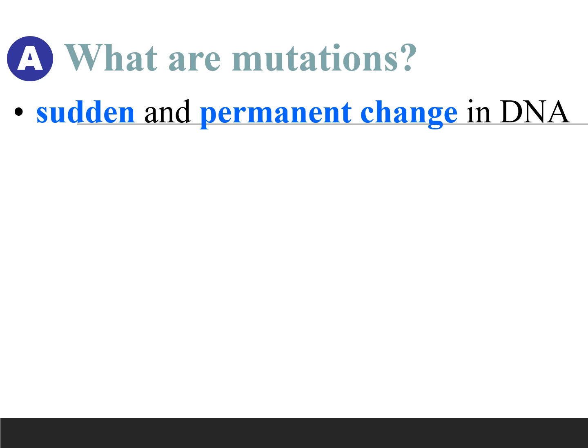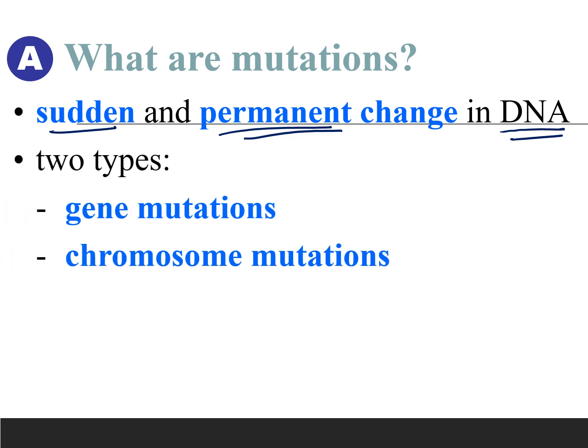So obviously mutation leads to a change in our phenotype, our looks. But how exactly does mutation affect our phenotype? It actually changes our DNA in a sudden and permanent way. And this change can be separated into two subtypes. They could be a gene mutation or a chromosome mutation.